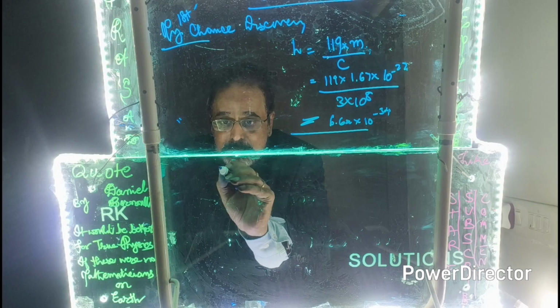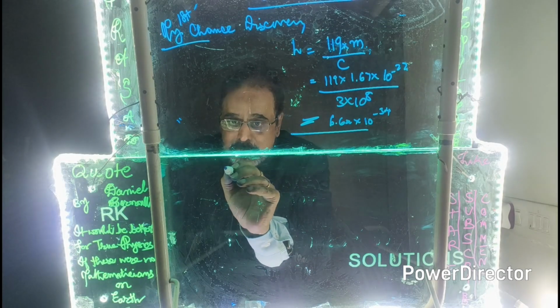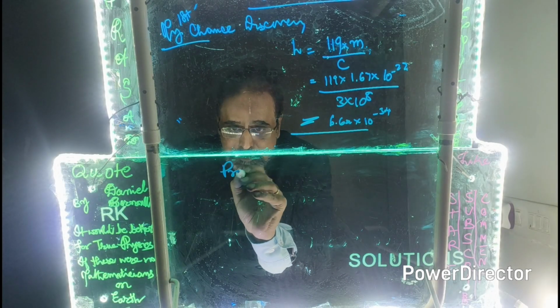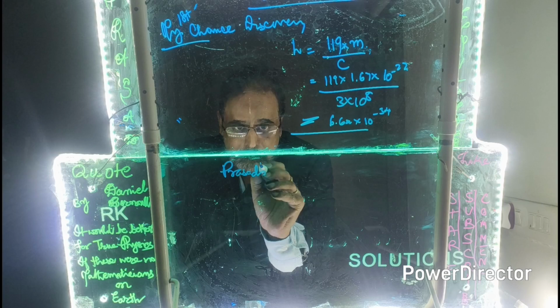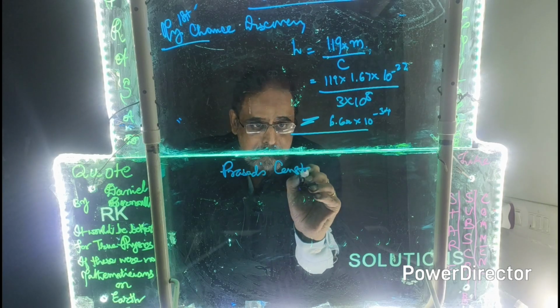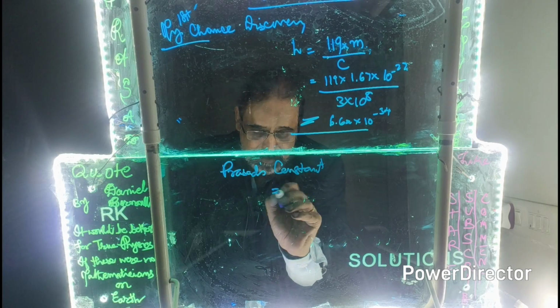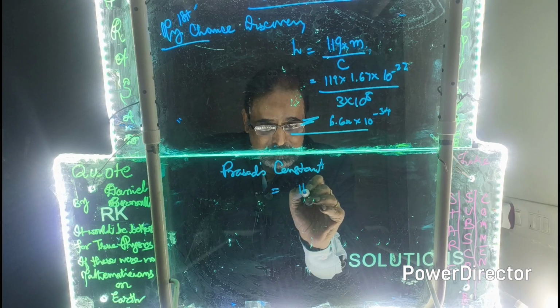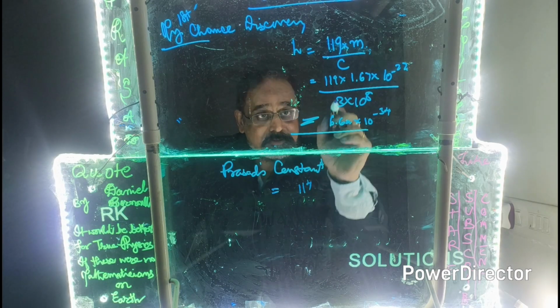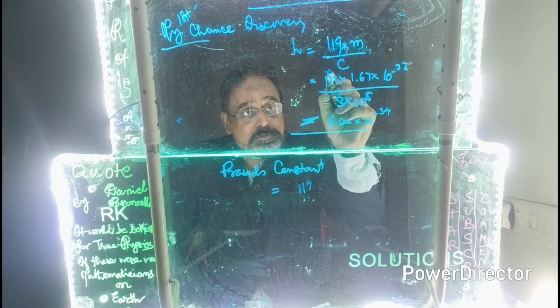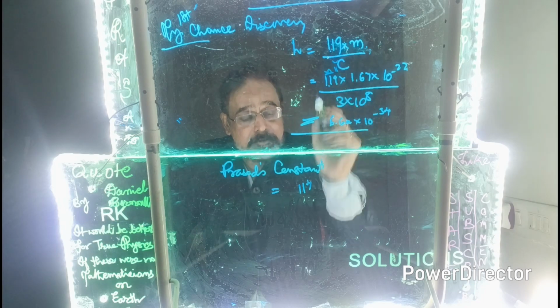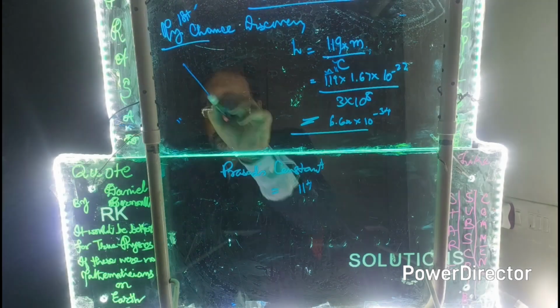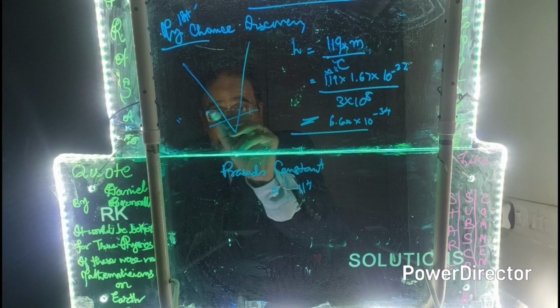So I told you last time this Prasad's constant, as I called it, is equal to the same one, 11 raised to 4, since this was almost equal to 11 squared. I showed you how I arrived at that.